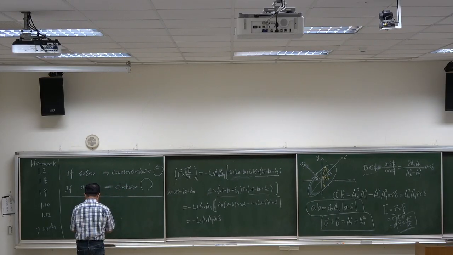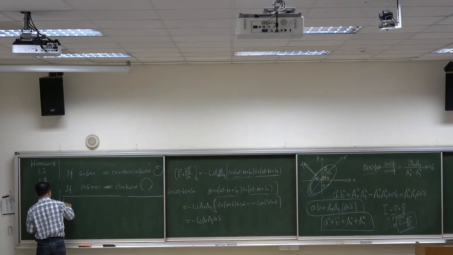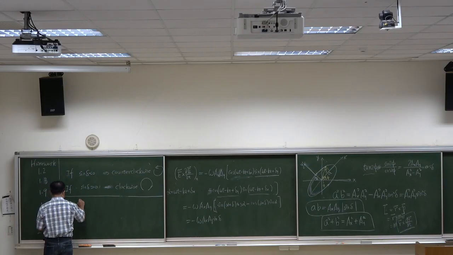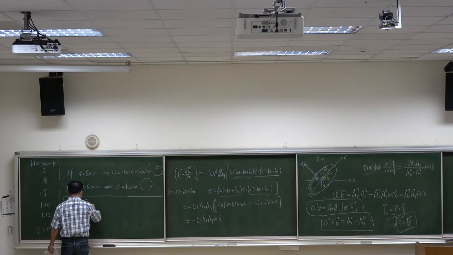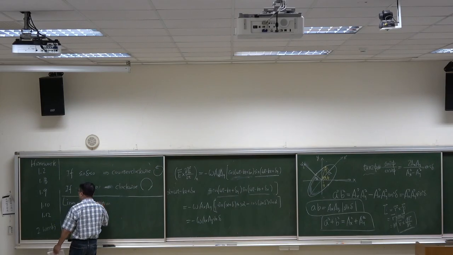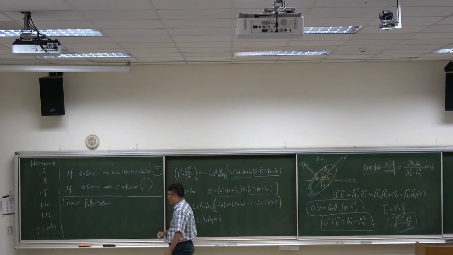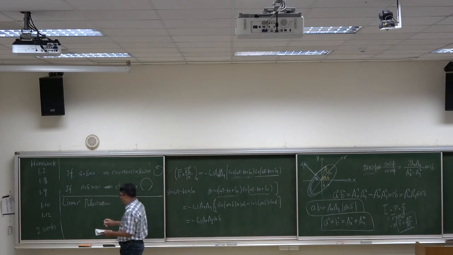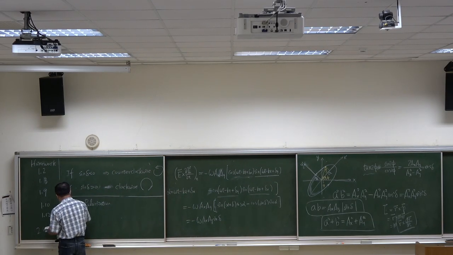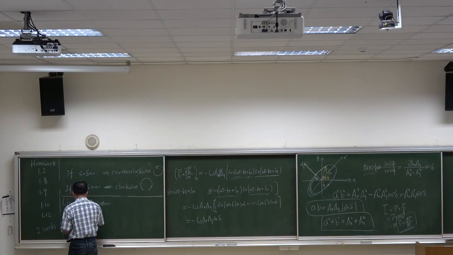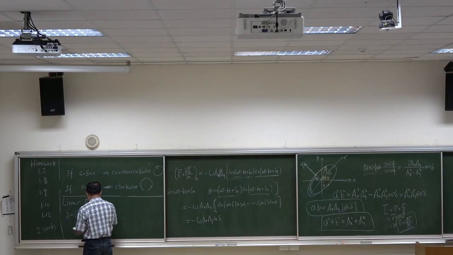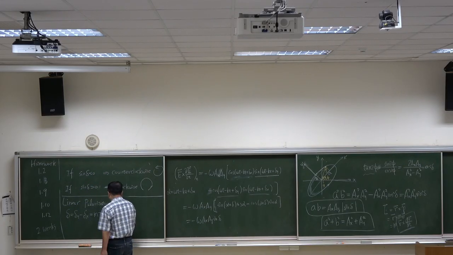Okay. First, we consider the linear polarization. What is linear polarization? Linear polarization is the case where delta, equal to delta y minus delta x, is equal to m times pi. Here m is an integer.